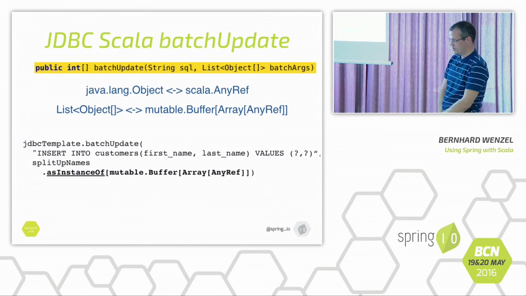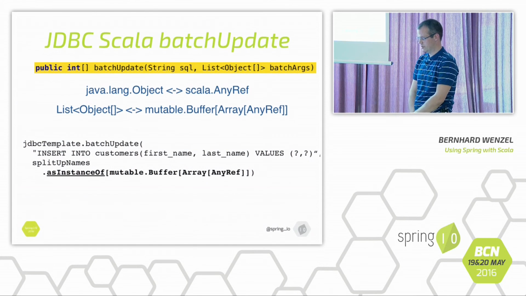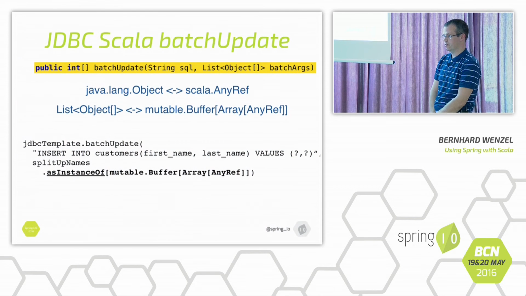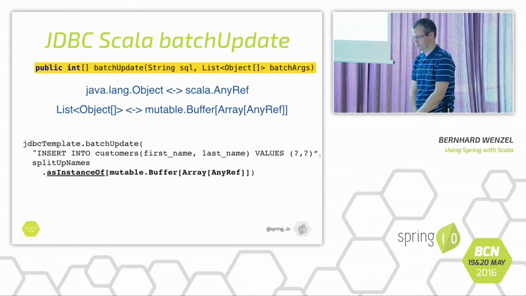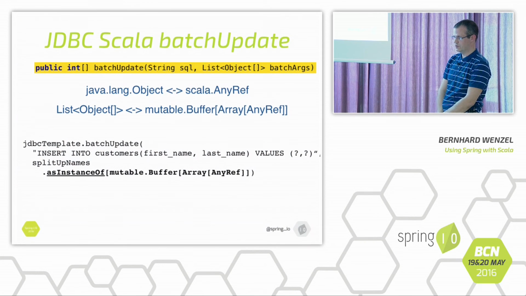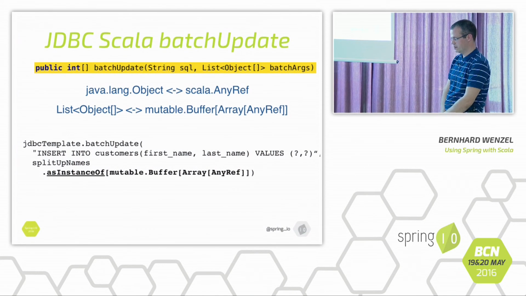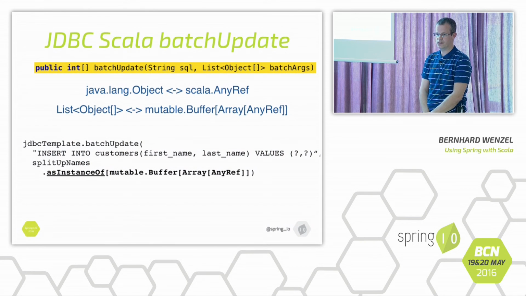Now for the batch update, just to remember, the batch update takes a SQL string and then a list of an object array. And if we want to fulfill this method, we need to do some casting on the Scala side. First, we need to know that java.lang.Object in Scala is an AnyRef.